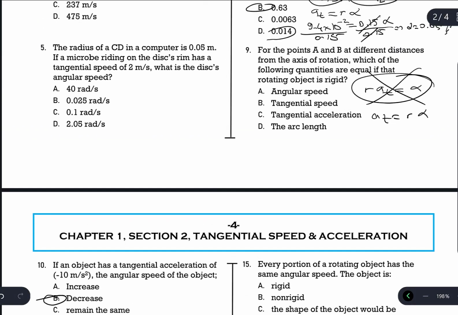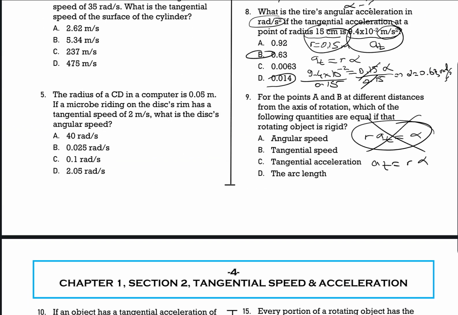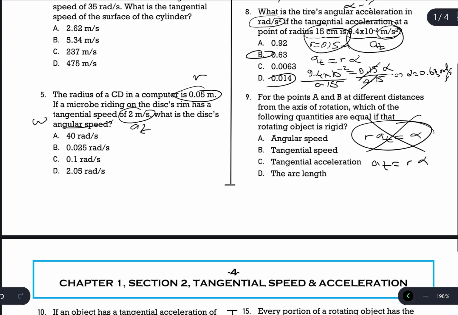After 14, it's 5. Question number 5. The radius of a disk in the computer is 0.05 meters, which is R. A microbit on the disk stream has a tangential speed. Calculate the disk's angular speed, which is omega. Again, most probably if this problem is done incorrectly, you didn't write the equation. This is not AT, it is VT, the tangential speed. VT is given, so I will write the VT equation.